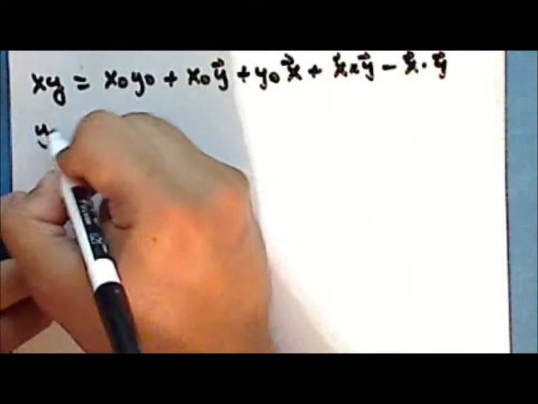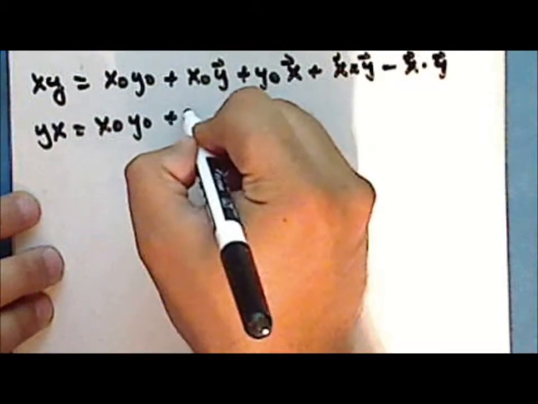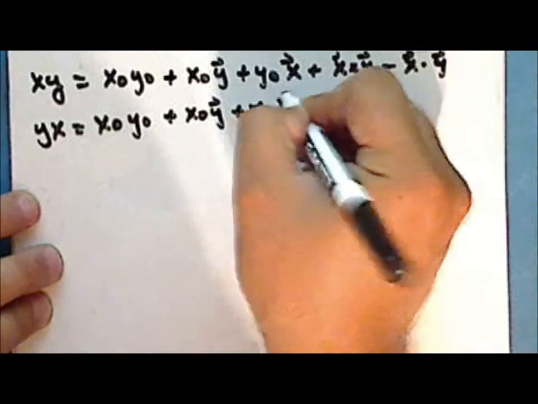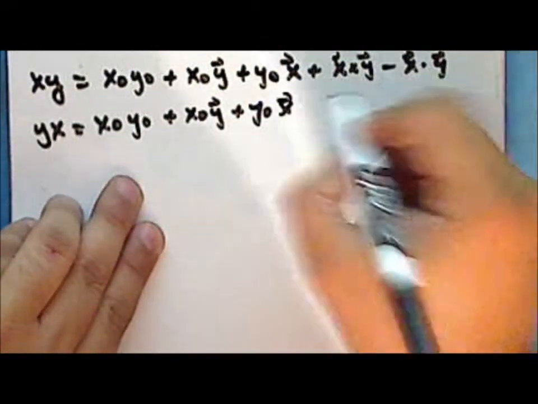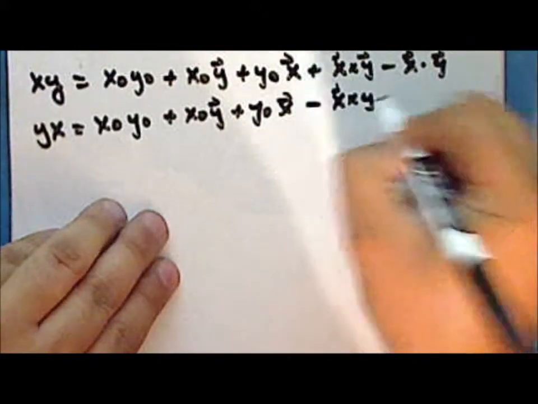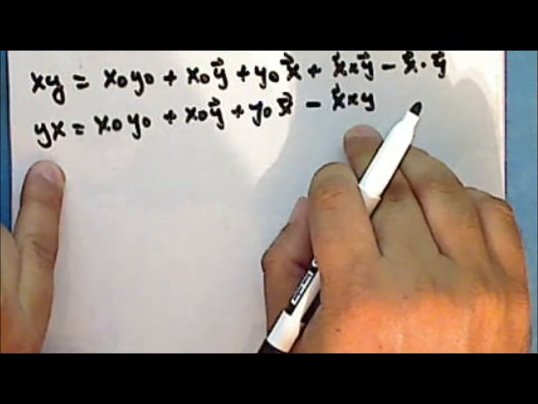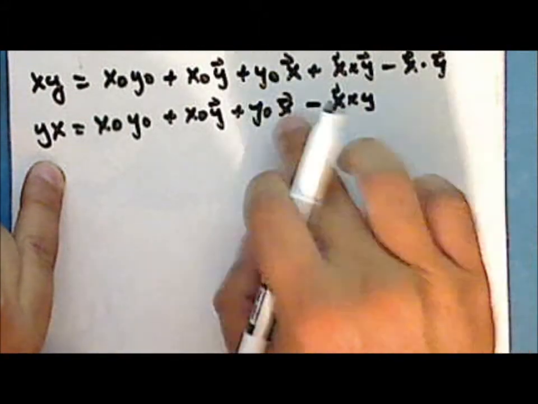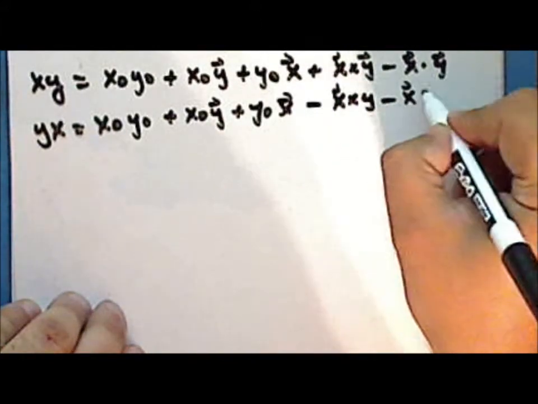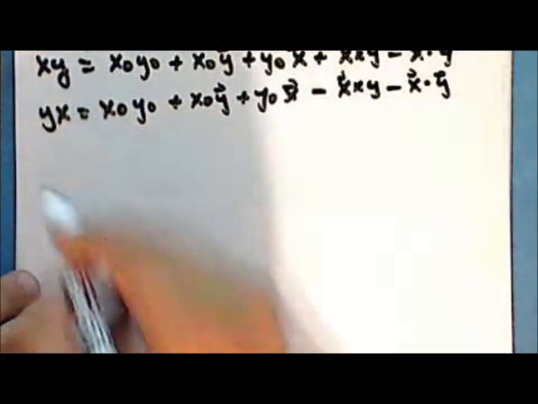And the product y times x is x sub naught times y sub naught plus x sub naught times the vector y plus y sub naught times the vector x minus the cross product of x and y, since the product y cross x is the negative of x cross y, minus the dot product of the vectors x and y.